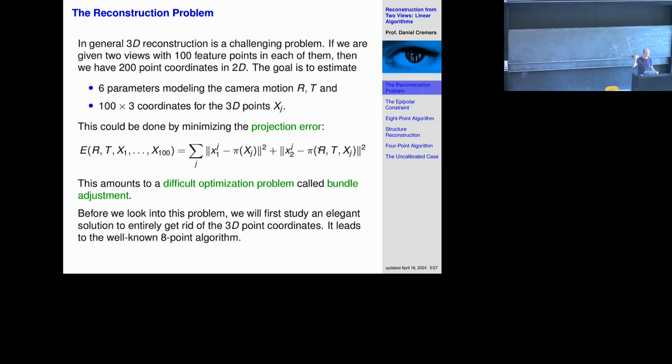So pi is this perspective projection into the second image, and there it should coincide with the second coordinate. And if you do it this way, you're basically minimizing the distance between where that point projects on the screen and where you actually observed it.